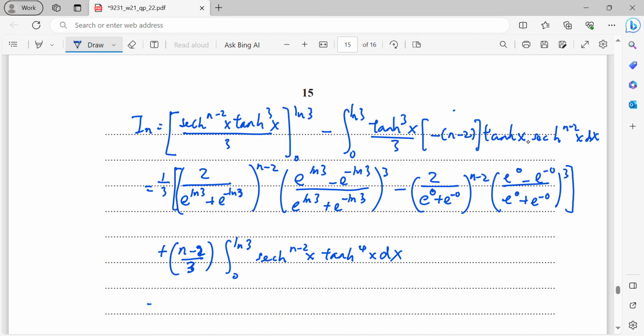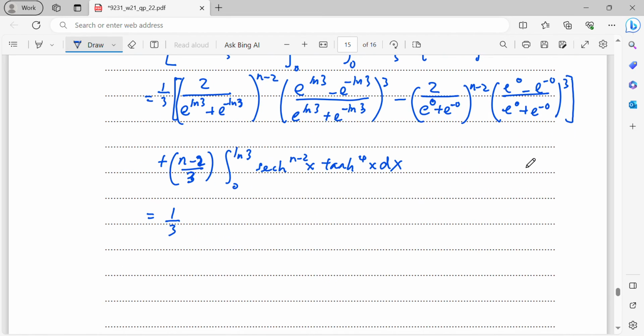So now here, simplify the terms first. I will get (2/3 plus 1/3) to the power of n minus 2, (3 minus 1/3) over (3 plus 1/3). Okay, because e to the ln can be cancelled off.